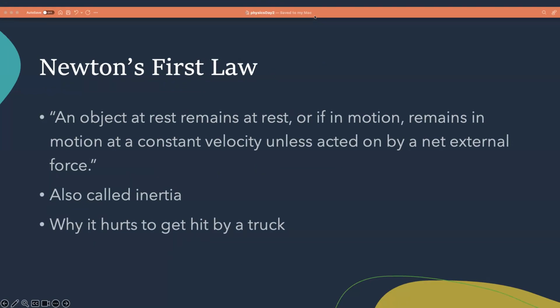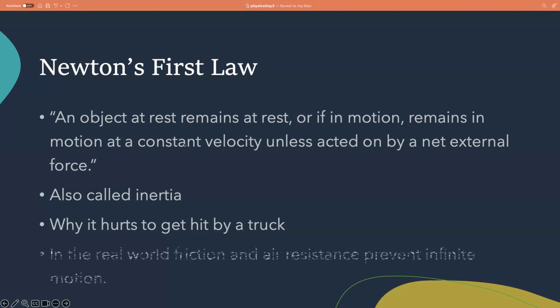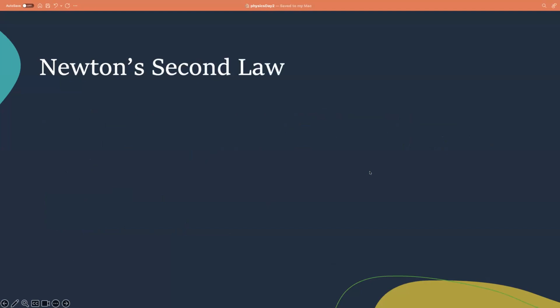This is also why it hurts to get hit by a truck, because the truck will attempt to continue moving, and the external force that stops the truck from moving at full speed is going to be your body, and that hurts. And of course, you don't actually see stuff floating off into the distance in the real world. You have air resistance and friction, which act as external forces to prevent being in motion forever. Perpetual motion machines do not exist yet.